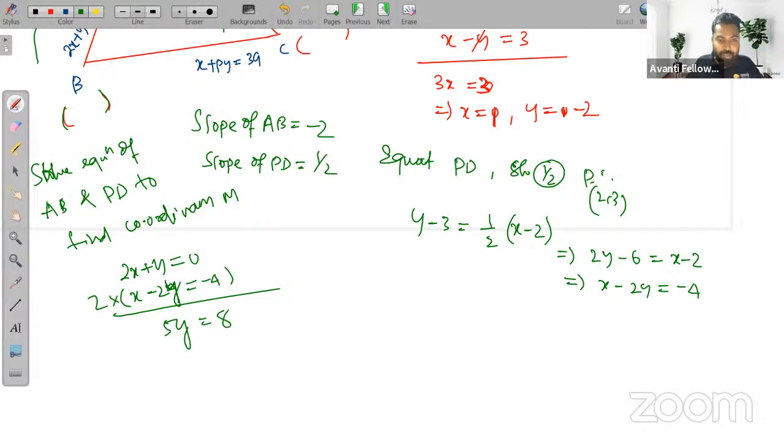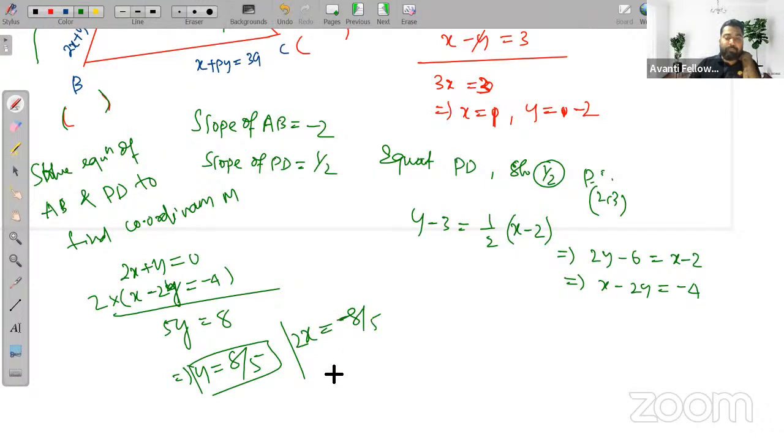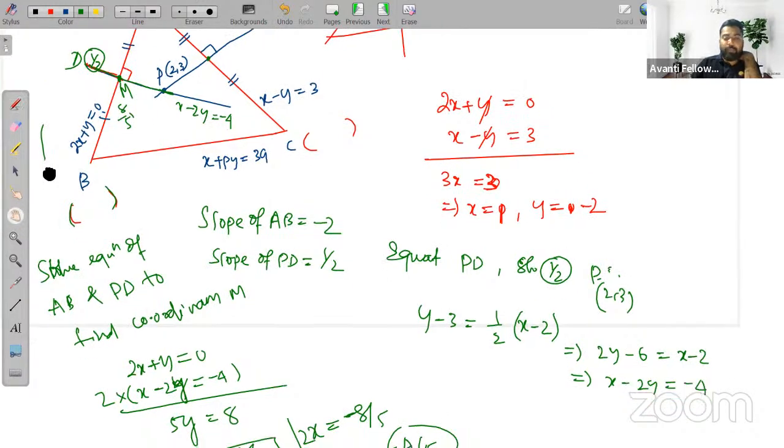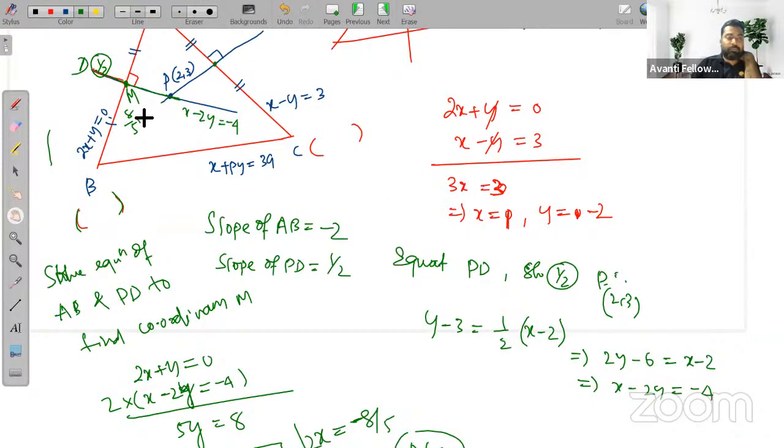So y is 8 by 5. And if y is 8 by 5, then 2x becomes minus 8 by 5, and x becomes minus 4 by 5. So the coordinate of M becomes (-4/5, 8/5). Yes or no?